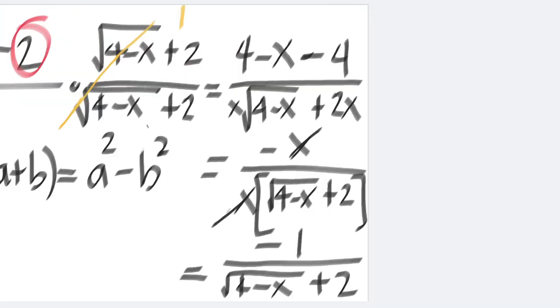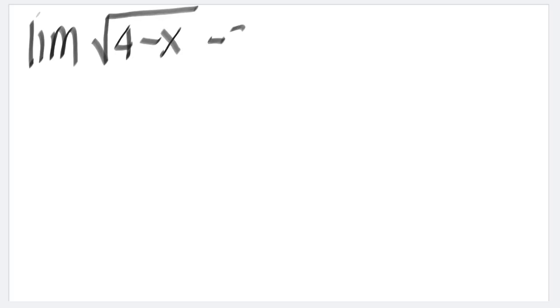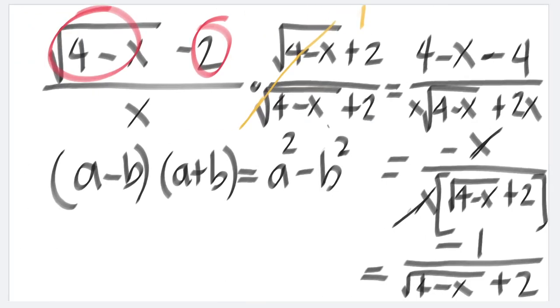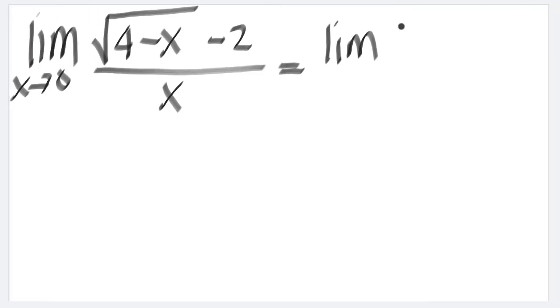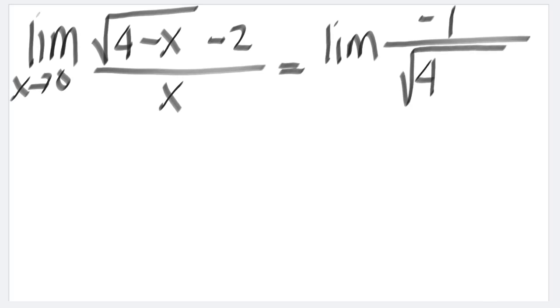So therefore, the limit of square root of 4 minus x minus 2 all over x as x approaches 0 is just equal to the limit of negative 1 all over square root of 4 minus x plus 2 as x approaches 0.